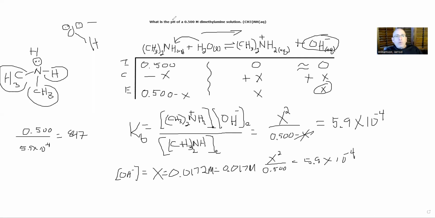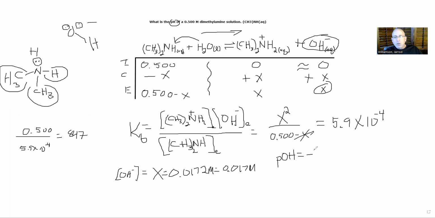But I asked for the pH, not x. So I need to clear this out and make some space here. I'm going to erase some stuff so I can calculate the pOH. The pOH will be minus log of the hydroxide ion concentration.